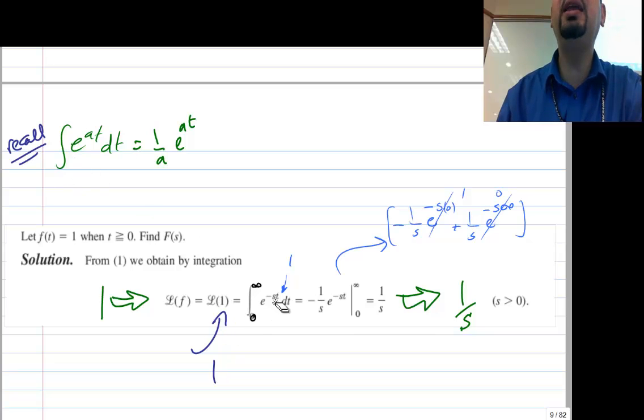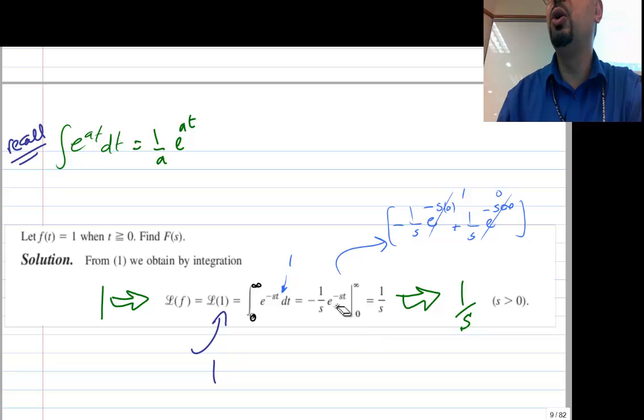E to the power anything is e to the power that thing, divided by the number multiplied by the t. So what is the number multiplied by the t? It's minus s. So it's 1 over minus s. And what are the limits? 0 to infinity.